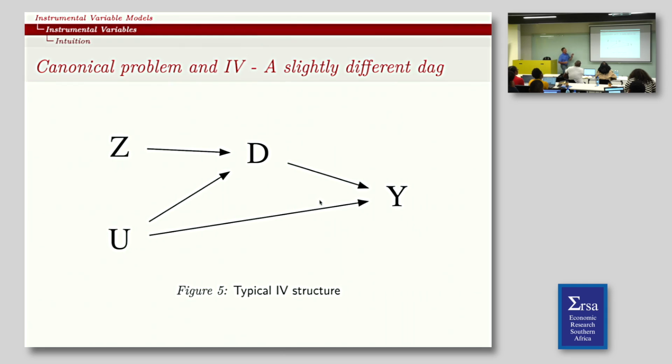So basically you get this change in Z leads to a change in D, leads to a change in Y. So this change is basically determined by this change. Okay? And so we talk about an IV sort of estimator.